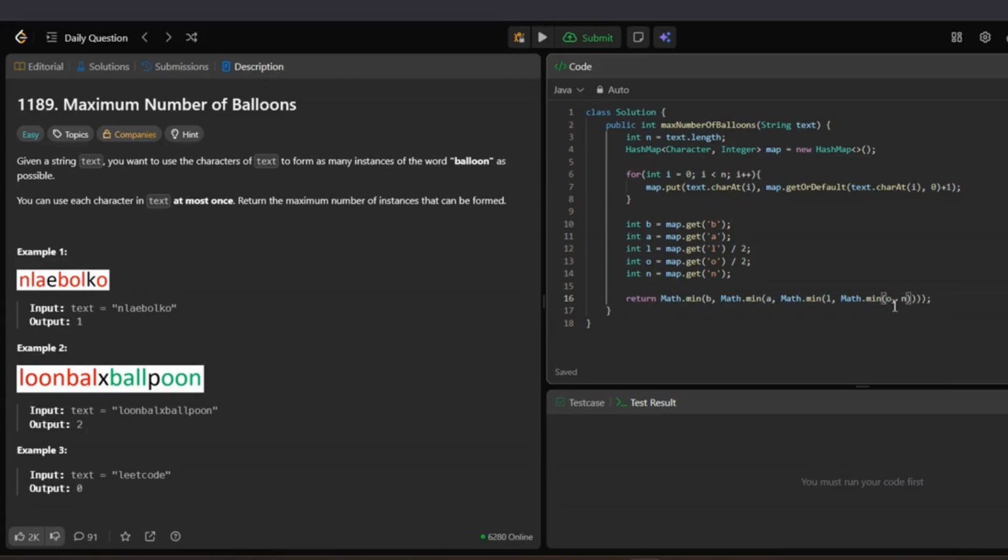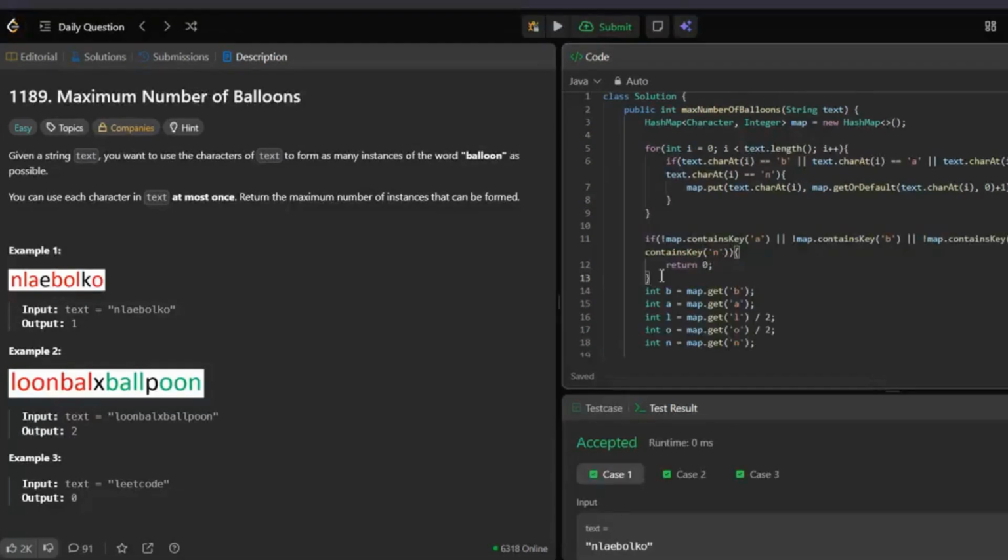First, it will calculate the minimum among O and N. Then it will calculate the minimum among this and L. Then it will calculate the minimum among A and the minimum of this. And then it will calculate the minimum of this and B. It will return the final answer.